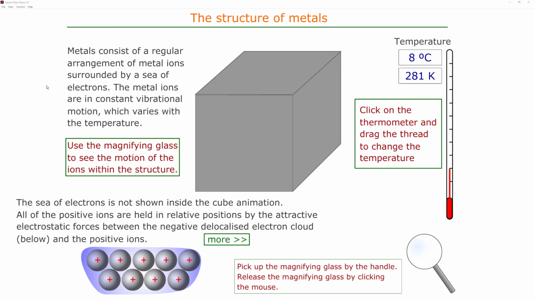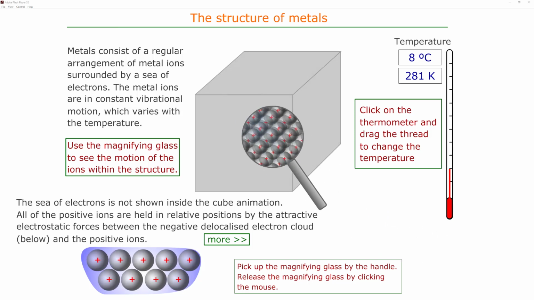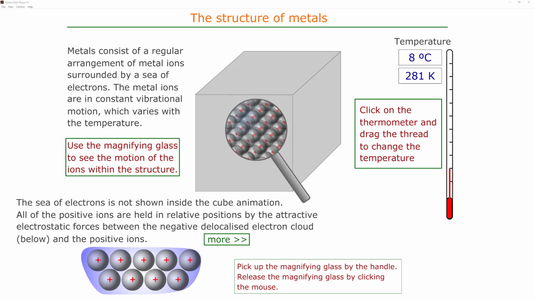So to summarize, a metal structure is a lattice, a regular array of ions surrounded by a sea of delocalized electrons. The strength of the force of the electrons holding the ions together depends upon the magnitude and the size of the ions themselves.